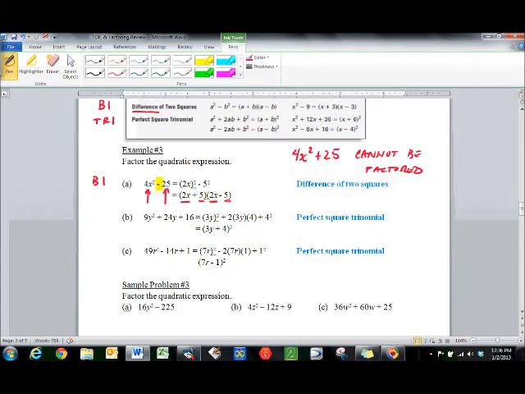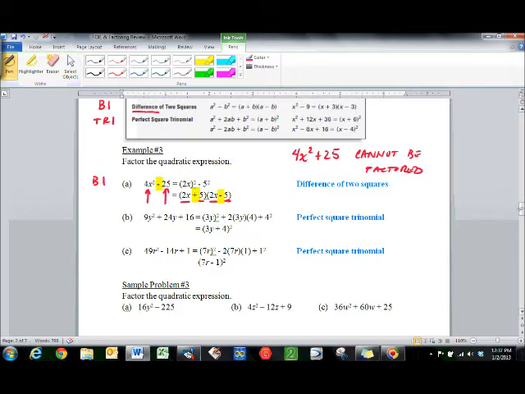But what's special about this pattern is that when we break up the difference of squares, you end up with two opposite signs. You have a 2x and a 5 in both binomials, but in each individual binomial, one has a positive and one has a negative. So when you break apart this binomial, you end up with two separate binomials that look exactly the same but with different signs. That's your first clue on a difference of squares.